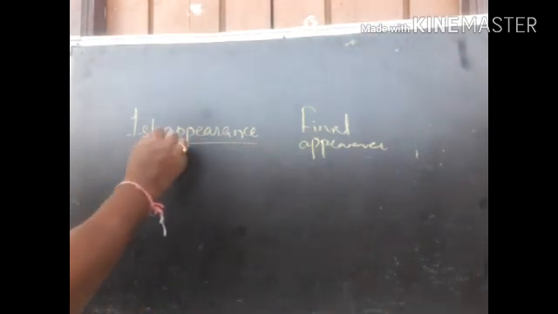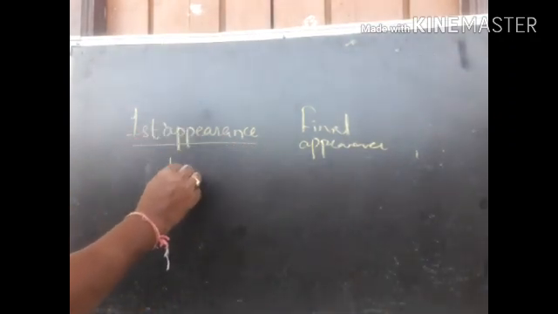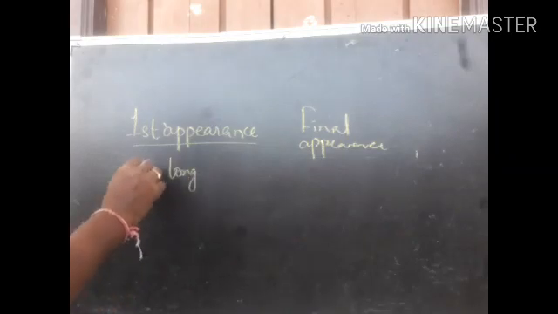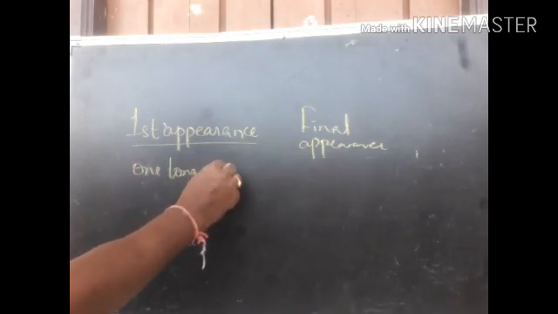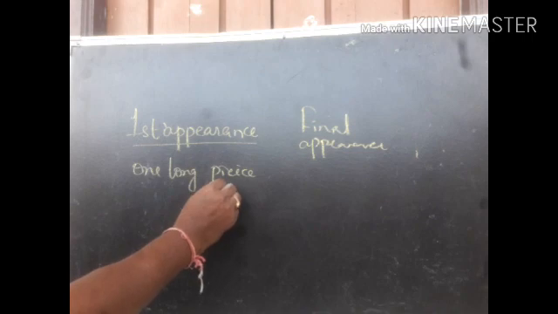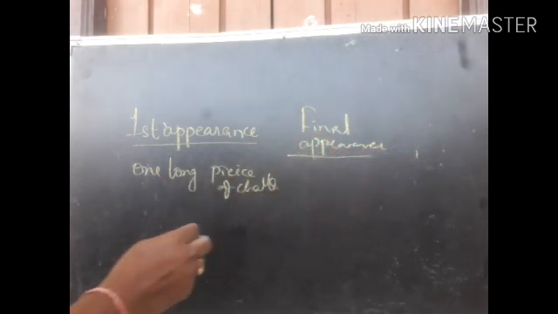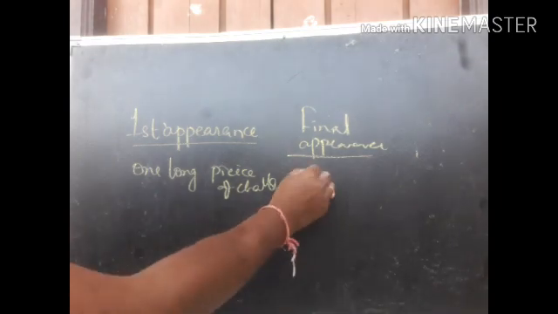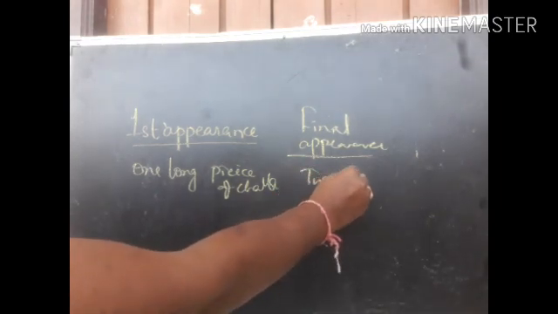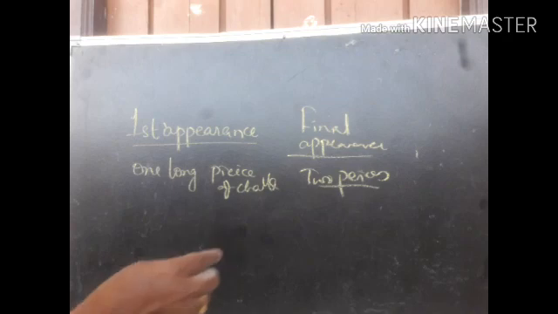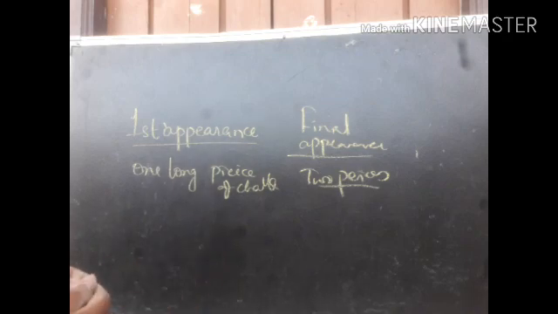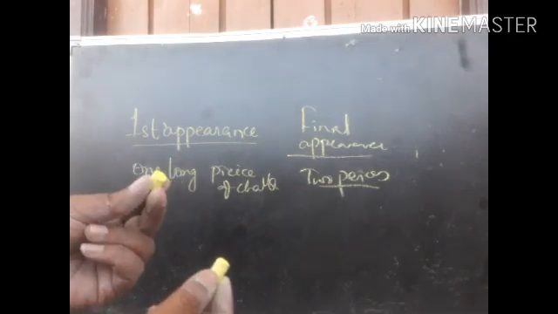So the first appearance is one long piece of chalk. Whereas the final appearance, what is the final appearance? There are two pieces of chalk. Right? So this is the final appearance.